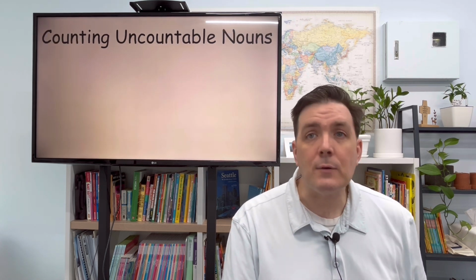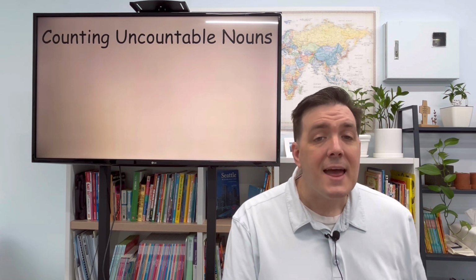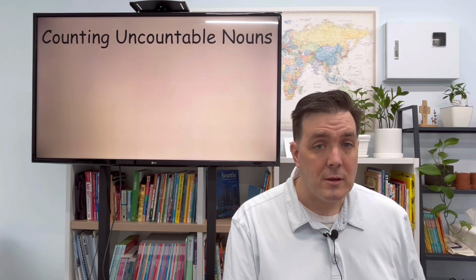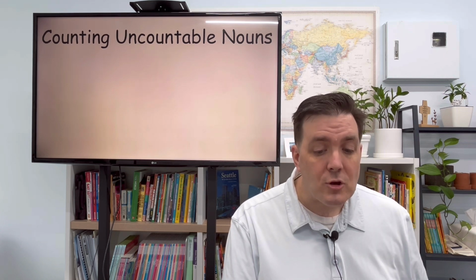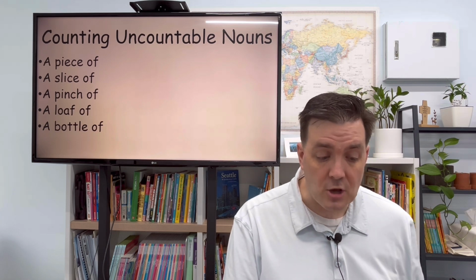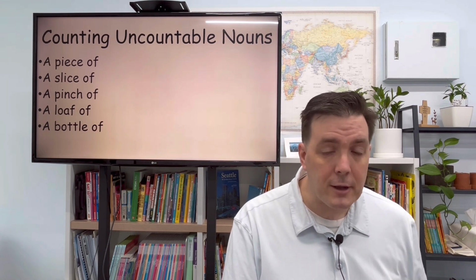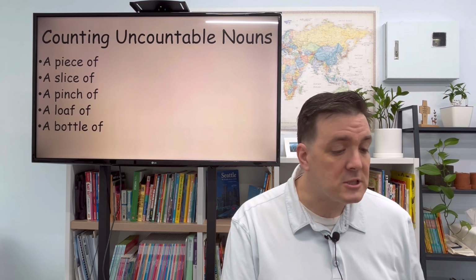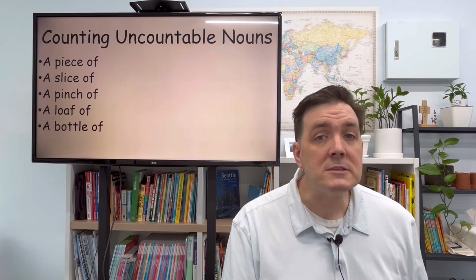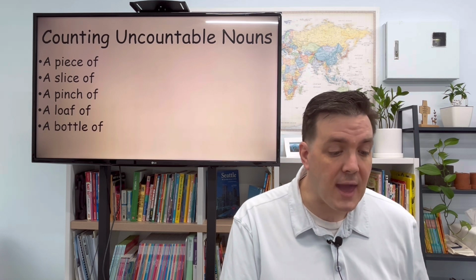Okay, last thing, we're almost done here. Last, how do you make uncountable nouns countable? So let me show you examples. A piece of, a slice of, a pinch of, a loaf of, a bottle of. Okay? A slice of bread, a slice of pizza, a piece of chocolate, a piece of cake.